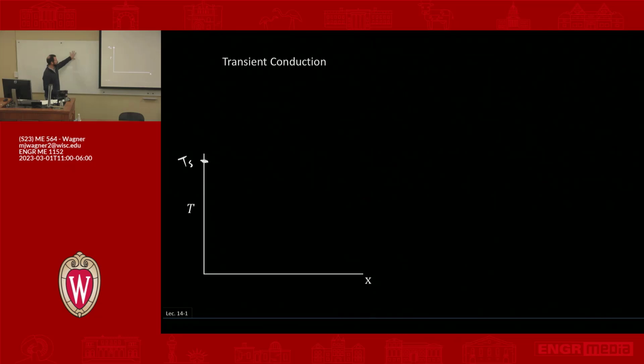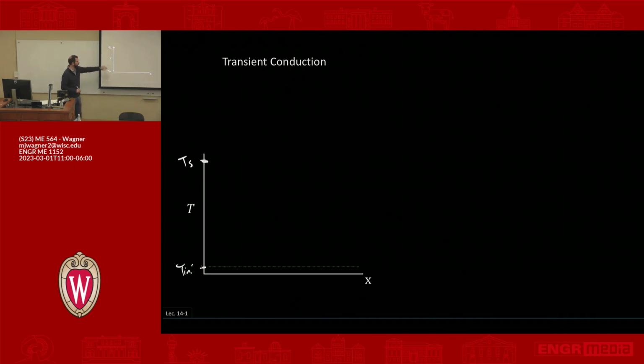So initially, the wall is entirely at some ambient temperature, which I'll draw here. Let's call that T initial. The entire wall is at T initial. And then at time t equals 0, I suddenly force the surface temperature of the wall to go to Ts.